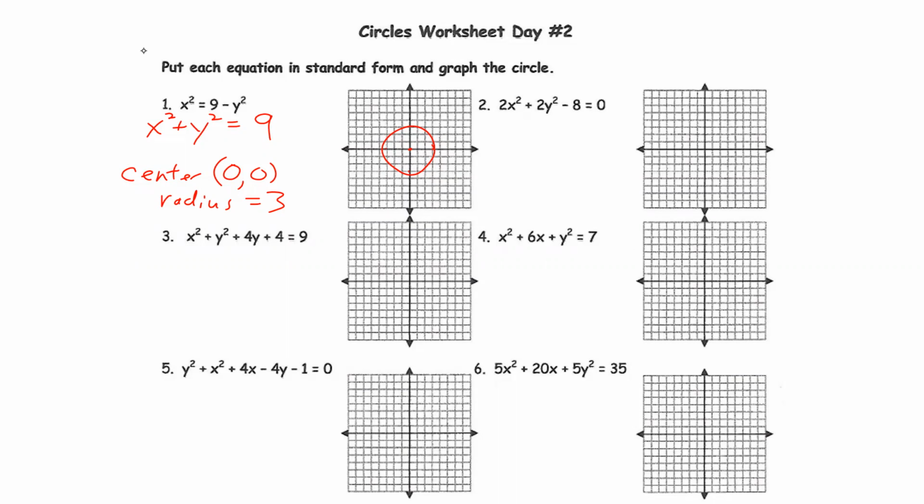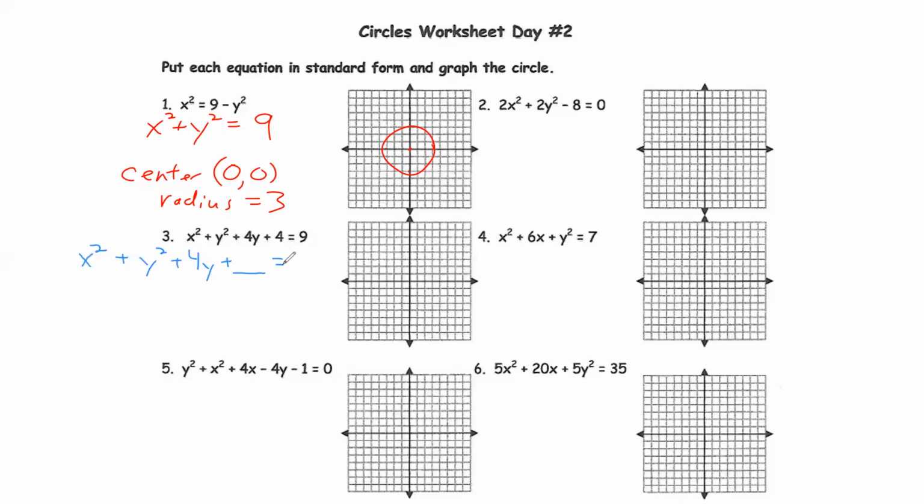Now, this one, I only have one x value, so I'm going to put that one first. The y values, there are multiple y values in this one. Now they're already in order, but I do have an extra constant. So I'm going to have y squared plus 4y. I'm going to need a space.